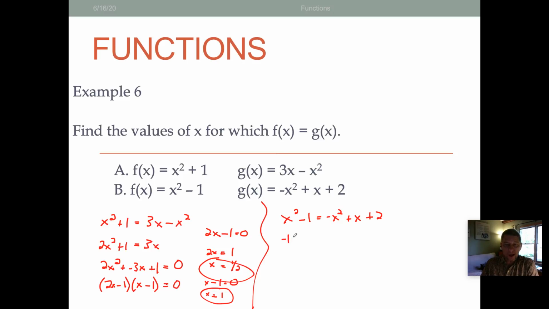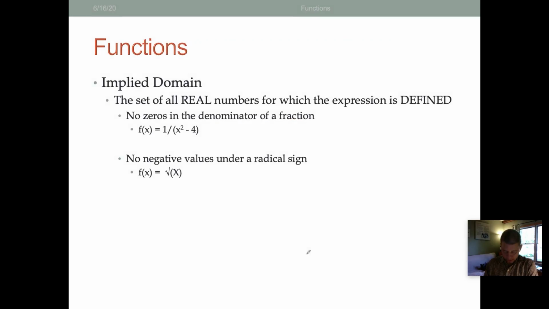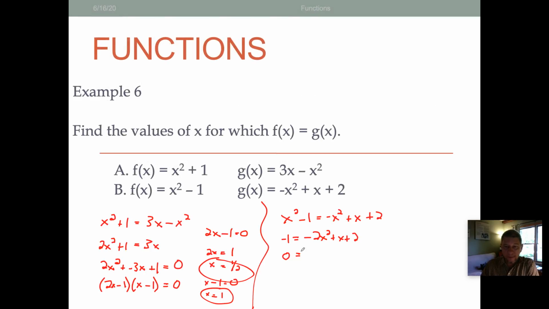And so that's going to give me negative 1 equals negative 2x squared plus x plus 2. And then add 1 to both sides, and that gives me negative 2x squared plus x, and if I add 1, it becomes plus 3.